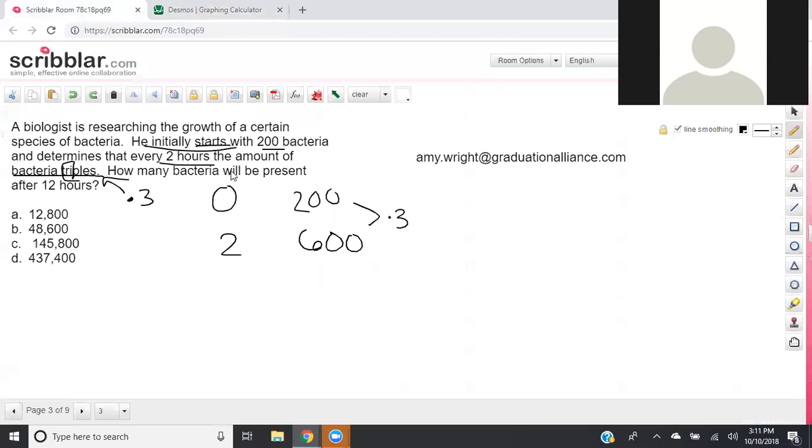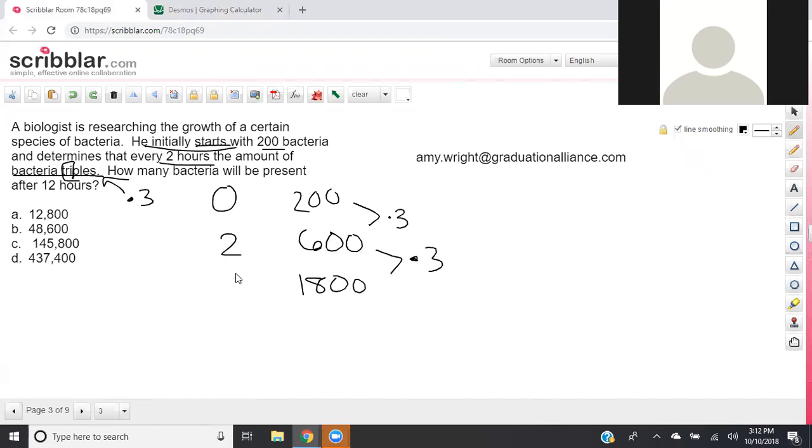2 hours later. What time are we at 2 hours later? Okay, you got 3 times 3 again. Wait a minute, 6 times 3 is 18, not 12. So 1,800 bacteria, but what happens with the time? What time are we at when we have 1,800 bacteria?